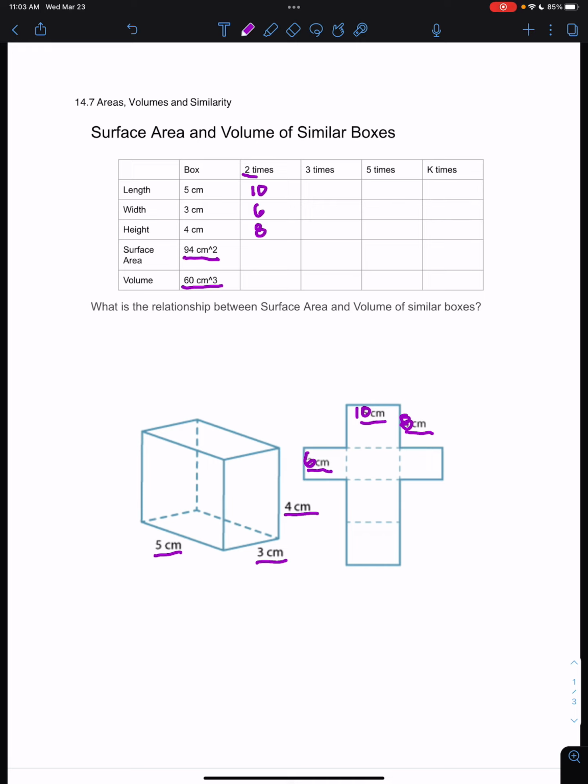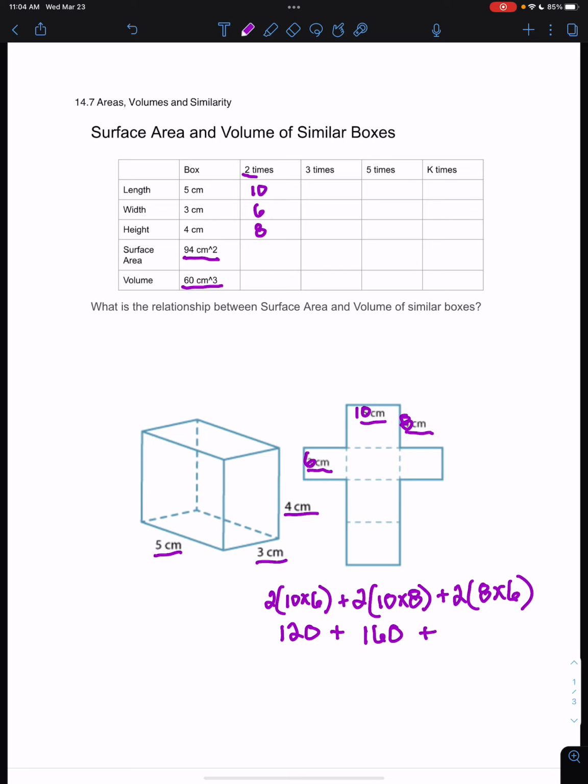So for surface area, we have 2 times 10 times 6 plus 2 times 10 times 8 plus 2 times 8 times 6. So 2 times 10 times 6, 10 times 6 is 60. 2 times that is 120. 10 times 8 is 80. 2 times that is 160. 6 times 8 is 48.